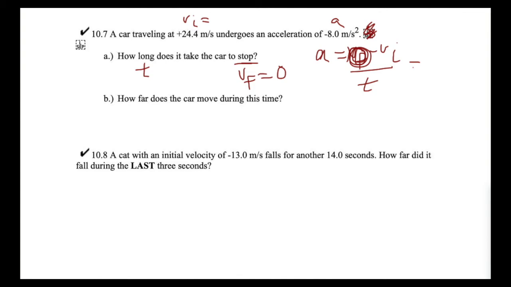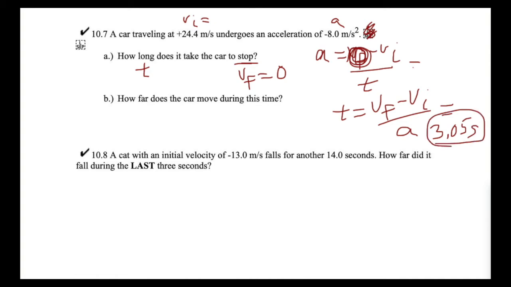I'm solving for the time. Oh, whoops. So that was the acceleration. I'll rearrange this: time equals Vf minus Vi over the A. That's what I need. So my final velocity is 0 minus my 24.4. I'll divide it by a -8, and I get a time of about 3 seconds, 3.05 seconds, is my time for the first one.